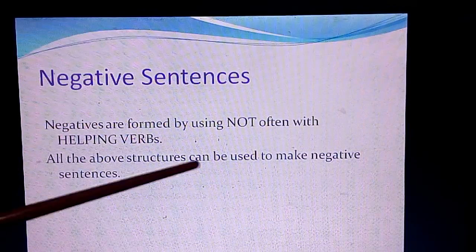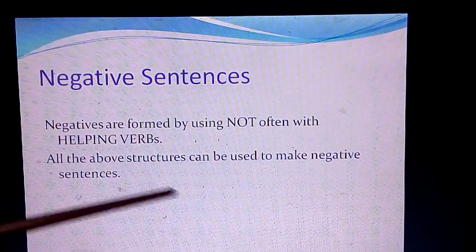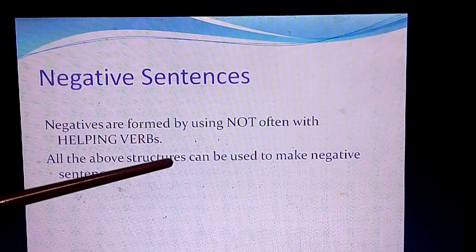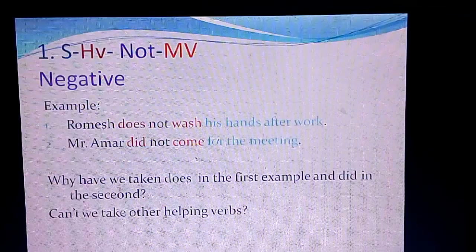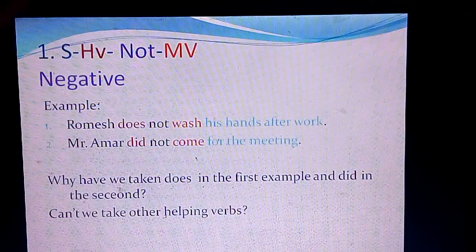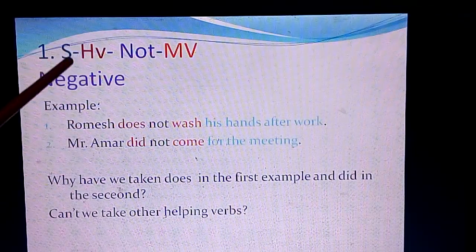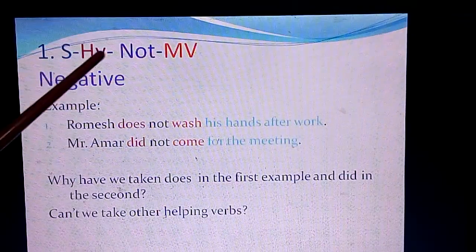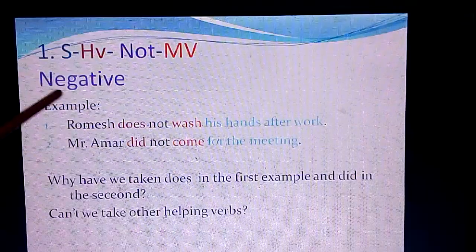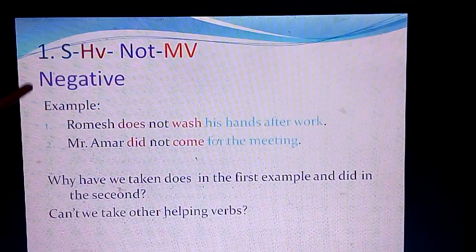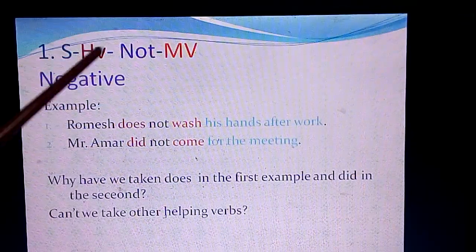All the above structures can be used to make negative sentences. Okay, let us come to the first negative sentence structure: subject, helping verb, not, and main verb.